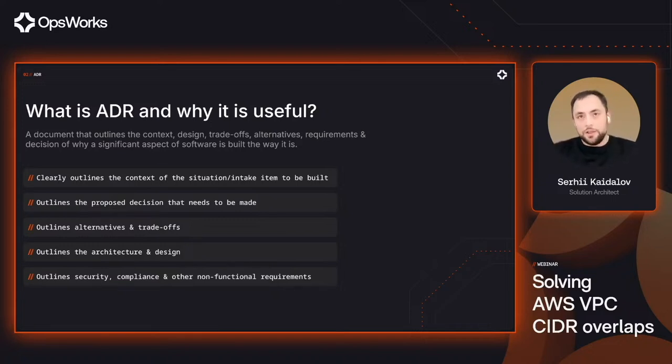Then it also may have the architecture, like diagrams, maybe database schemas, maybe some other detailed diagrams, maybe not so detailed, showing how the application or this infrastructure will work.